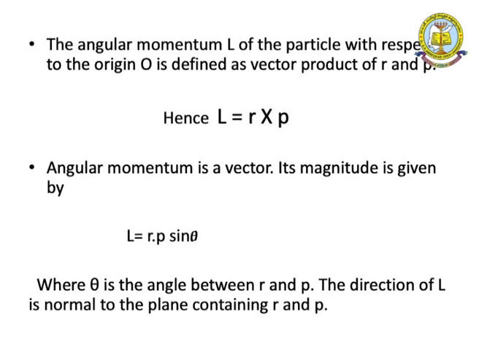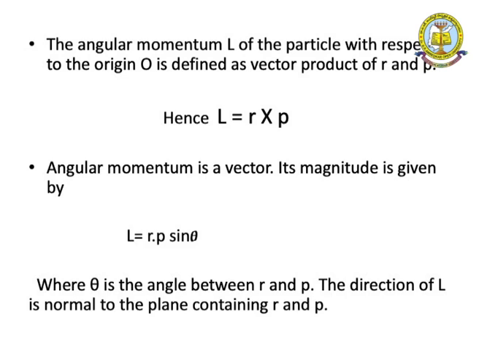The symbol of angular momentum is L. L is equal to r cross p. The angular momentum L of the particle with respect to the origin O is defined as the cross product of the position vector and the linear momentum. Angular momentum is a vector.